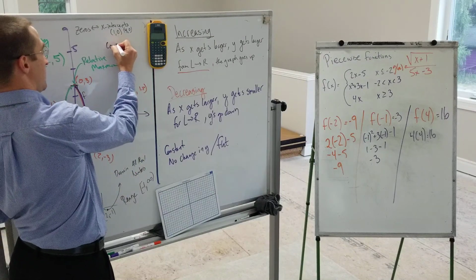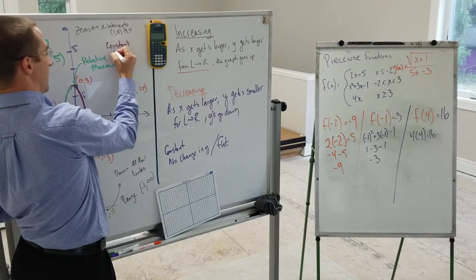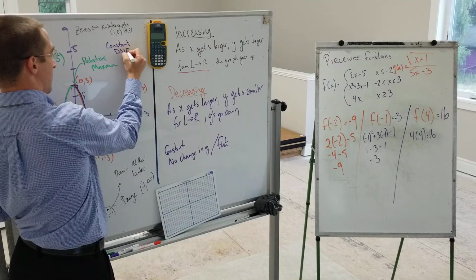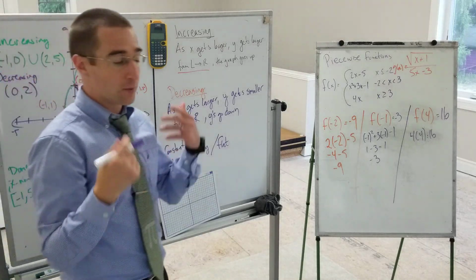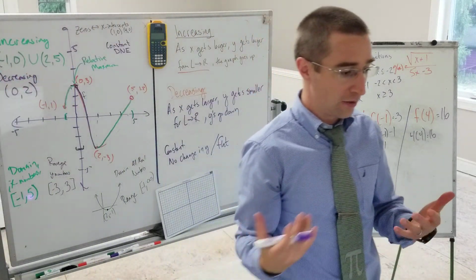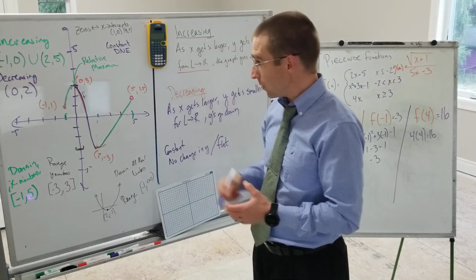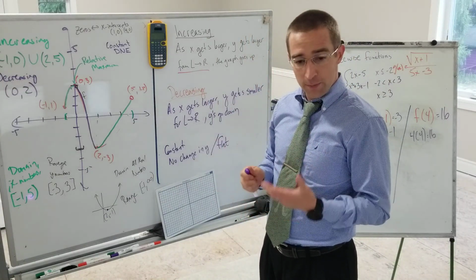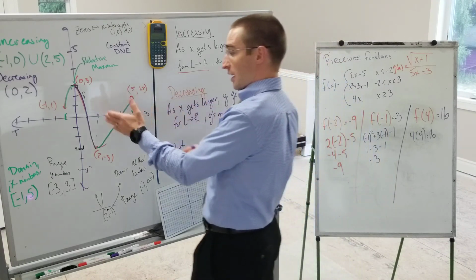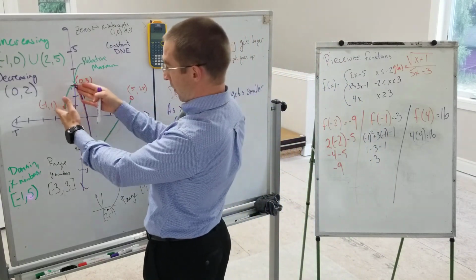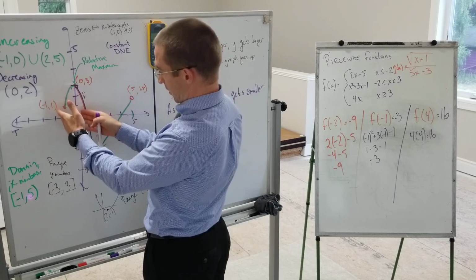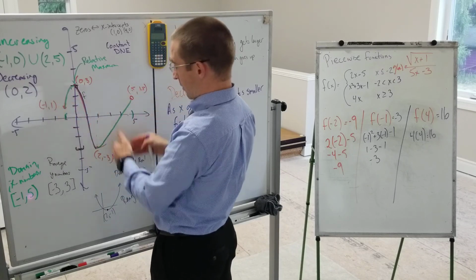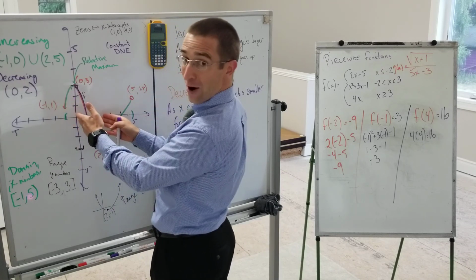So for constant, we can just write dne. There are no intervals where it's constant. So that's increasing, decreasing, constant. Basically, we're just saying the x intervals where it's going up and where it's going down.